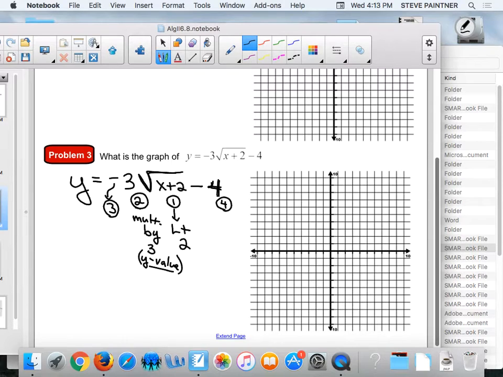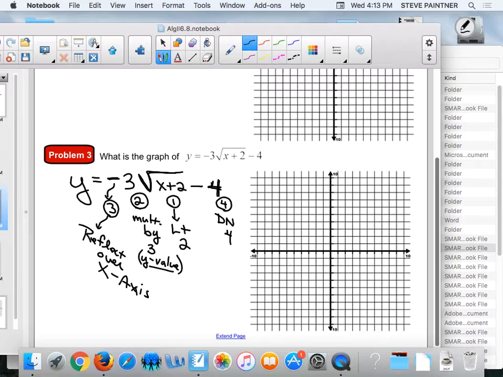And then what's this negative sign do? This negative sign just reflects your point over the x-axis. Okay? And finally, way back here, it's just down 4. That's it. I know that seems like a lot, but we're just going to have to do it.